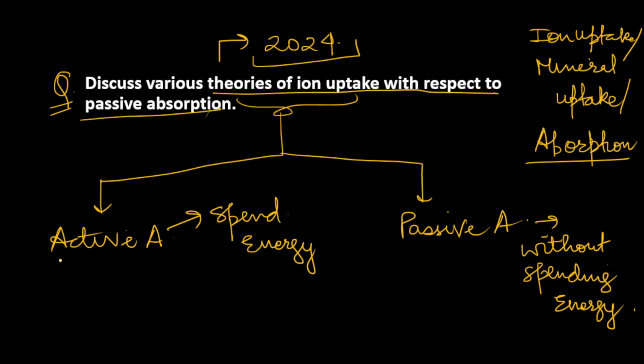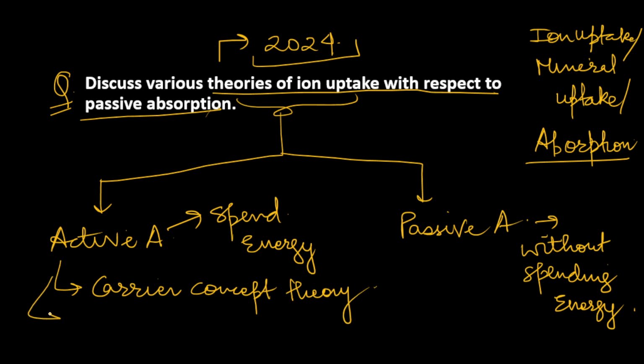In active absorption, we have the carrier concept theory, and there are various other theories we have also got. Those are the theories of active absorption. We do not have to focus that much on those theories, but you should focus on the theories of passive absorption.